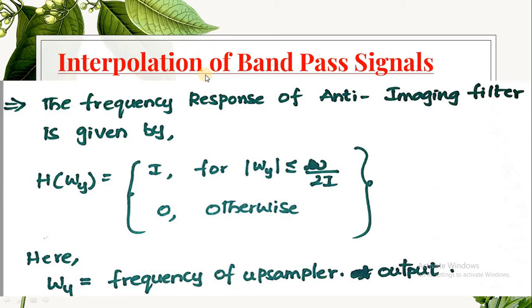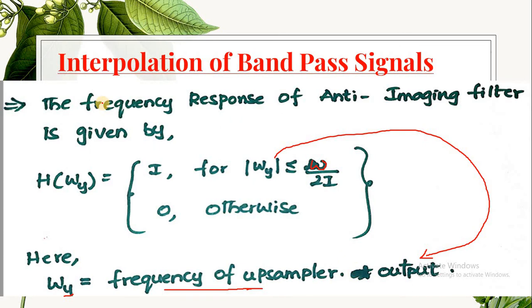Initially, the frequency response of the anti-aliasing filter is given by H of omega y equals I for modulus of omega y less than or equal to omega by 2I, and 0 otherwise. Here omega y is the frequency of the upsampler output.